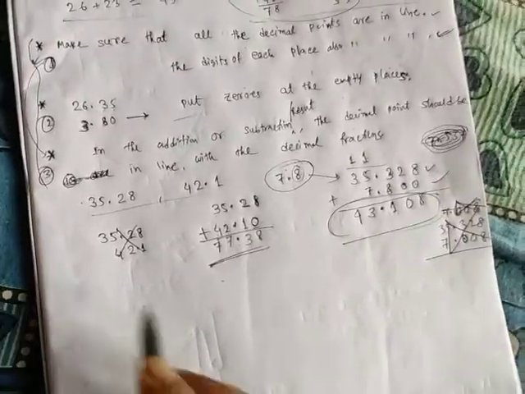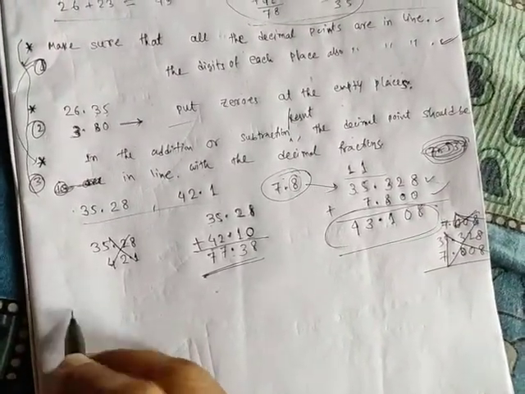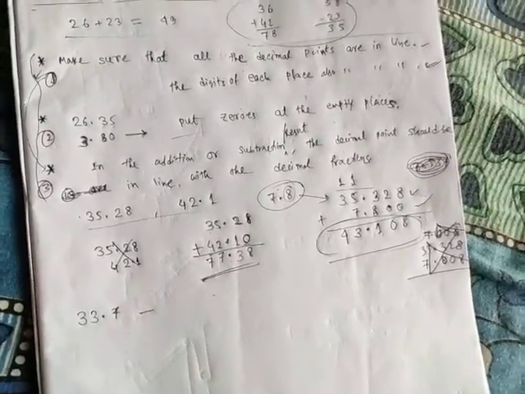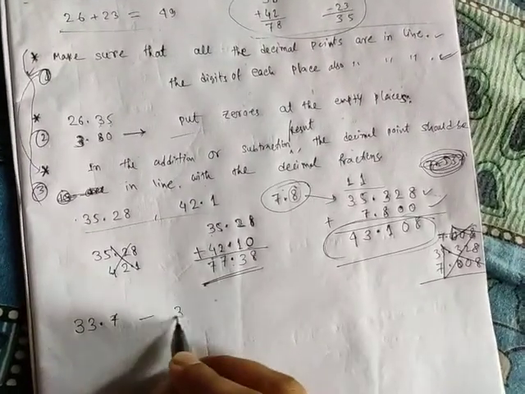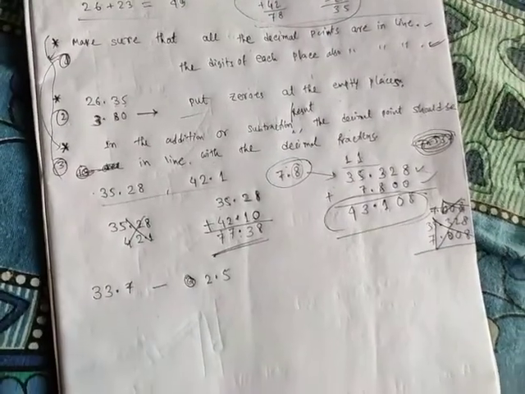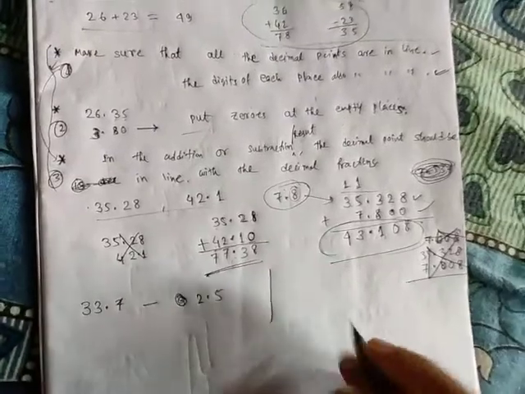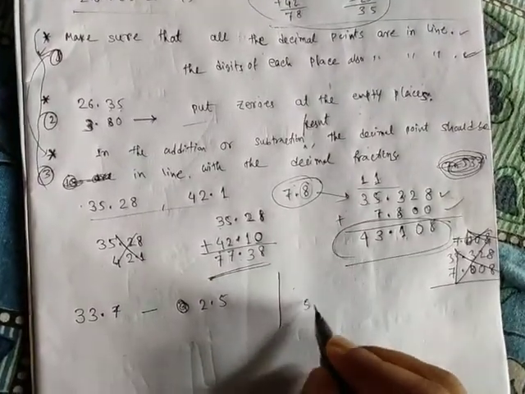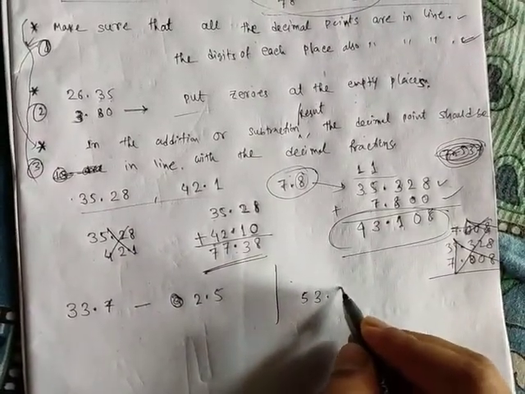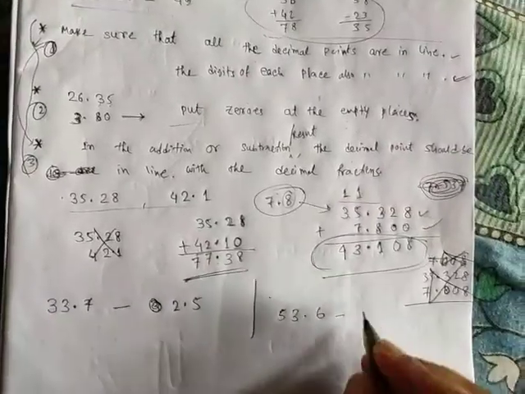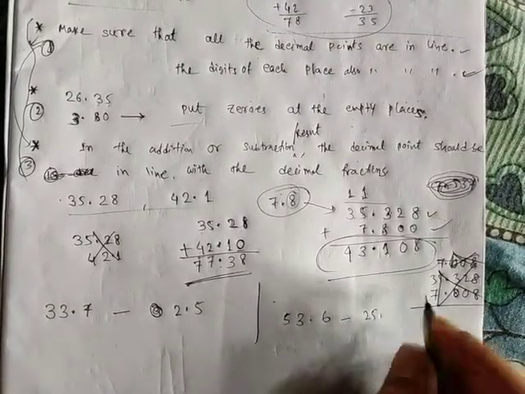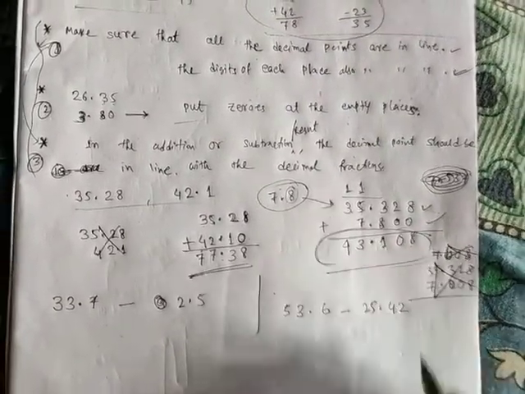Another example for subtraction. Suppose you have to do the subtraction 33.7 minus 2.5. First this simple one, then another: 53.6 minus 25.42.